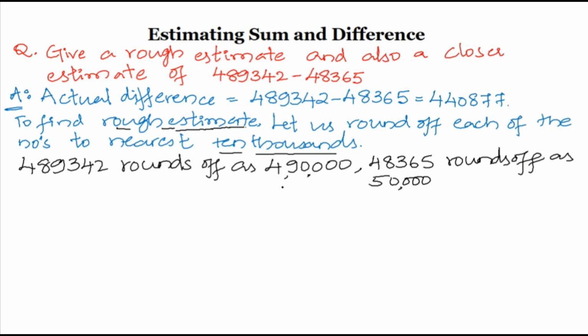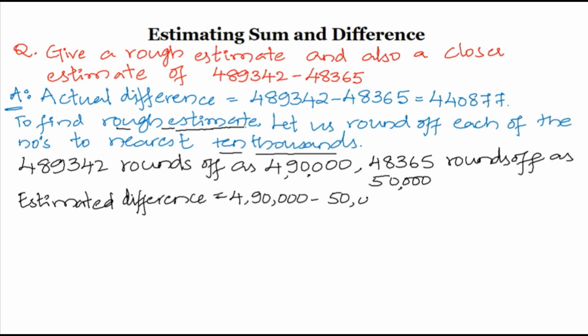Now with this, I have to find out the estimated difference. So estimated difference will be 4,90,000 minus 50,000. This will be equal to 4,40,000.